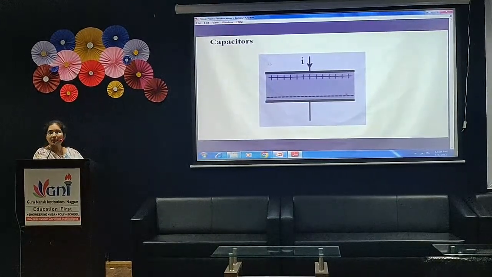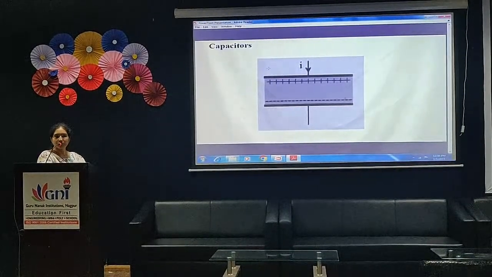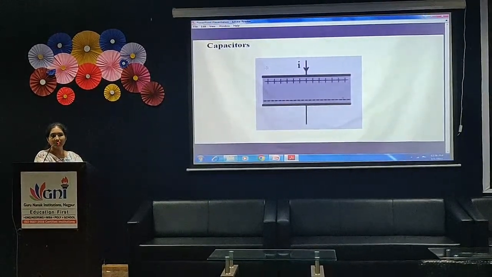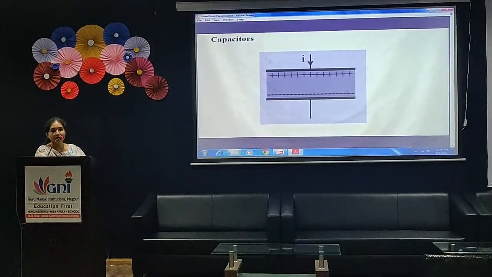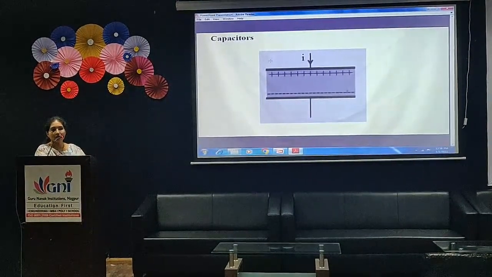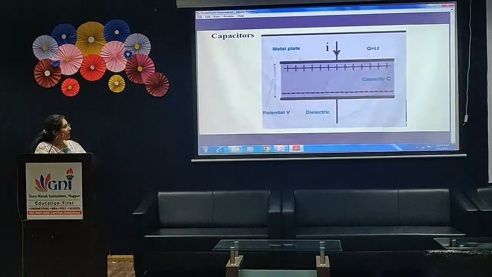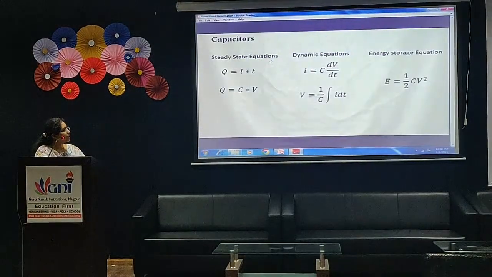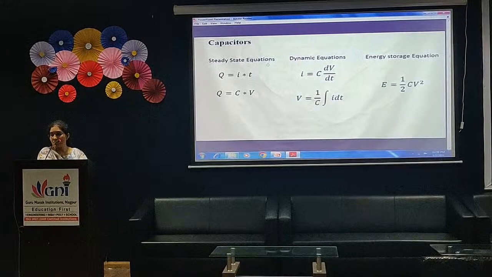This is a symbolic representation. We know there are two metallic plates, and in between them there is a dielectric medium. The upper plate is positive, the lower plate negative, and the direction of current is always from higher potential to lower potential.